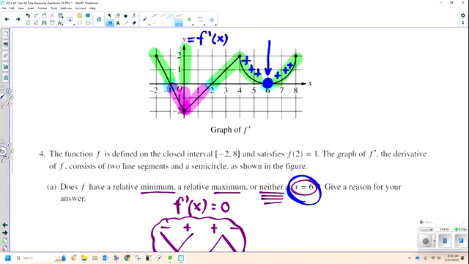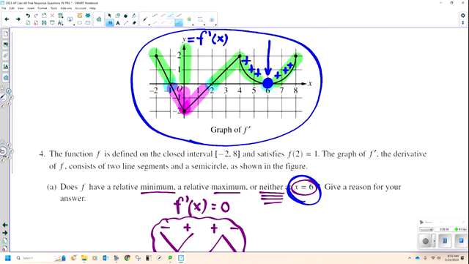Remember, what they give us here is the first derivative. So if I want to graph the original function f of x, where x equals 6, it's going to be positive, then right where x equals 6, it's going to level off and be 0, but then it's going to go up again. Positive slope to 0 to positive slope. That is neither a min nor a max. So that's our answer. It's neither.